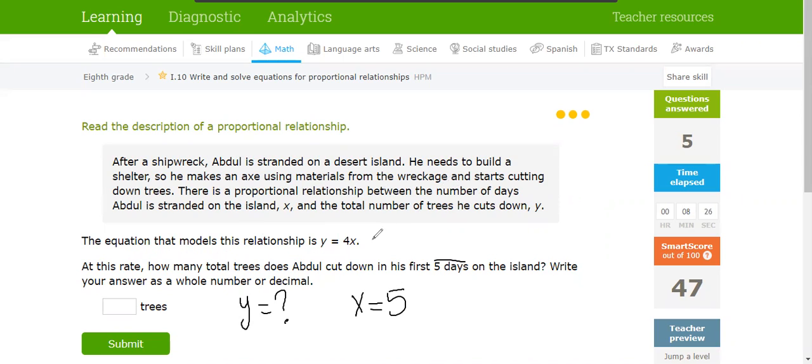So in order to find y, we need to multiply 4 by x. x is 5, so 4 times 5, 20. So at this rate, Abdul cut down 20 trees in his first 5 days. So let's write 20 here. 20 trees.